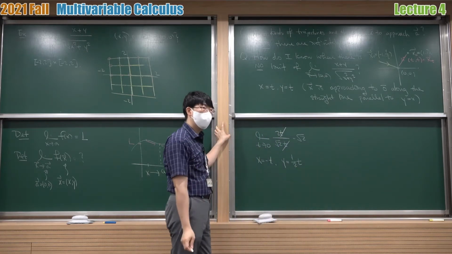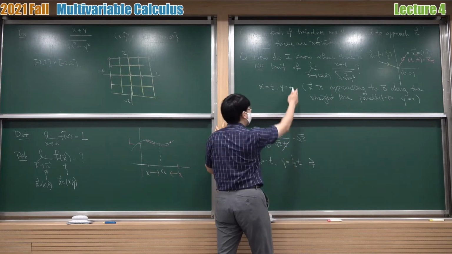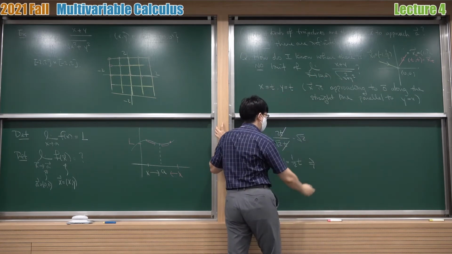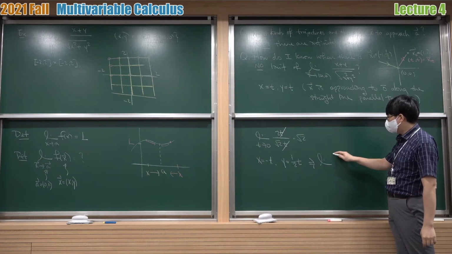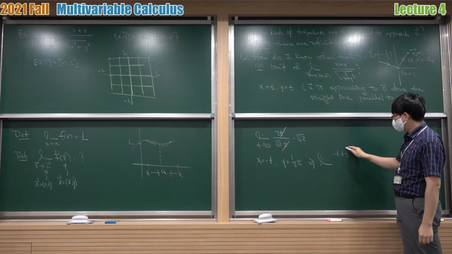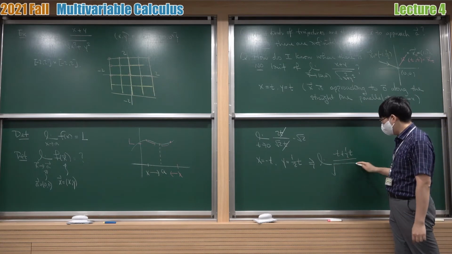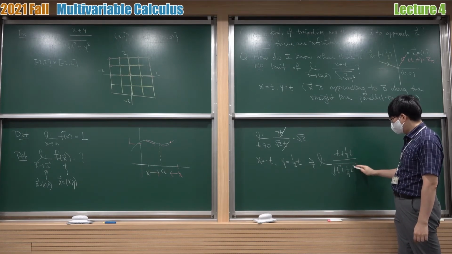half of t. Let's try to plug these formulas into our function. We have the limit of minus t plus 1 over 2t, and in the denominator, we have t squared plus 1 over 4 t squared.